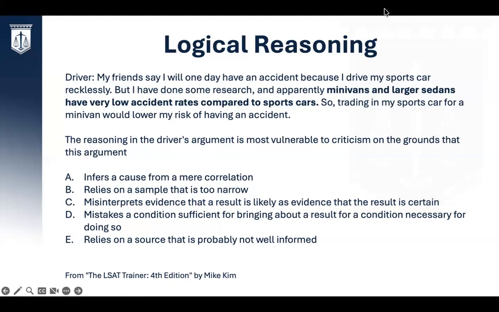Remember I highlighted here, the evidence is minivans and larger sedans have very low accident rates. That's the proof. But his conclusion from that proof is flawed because the proof is based on correlation, right? Not causation.